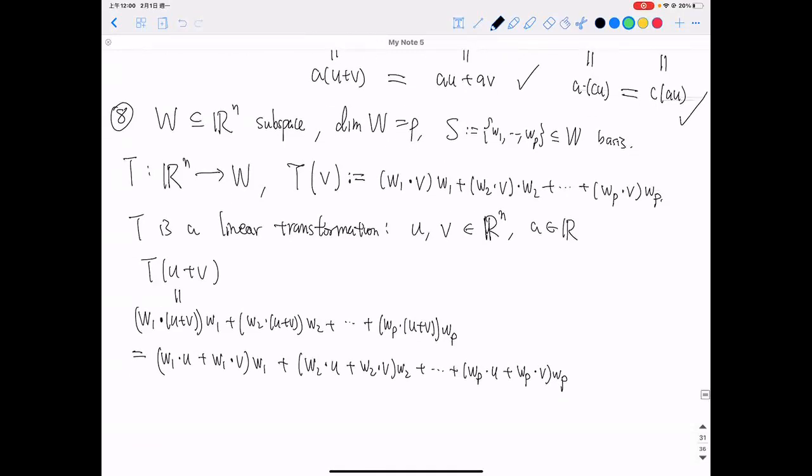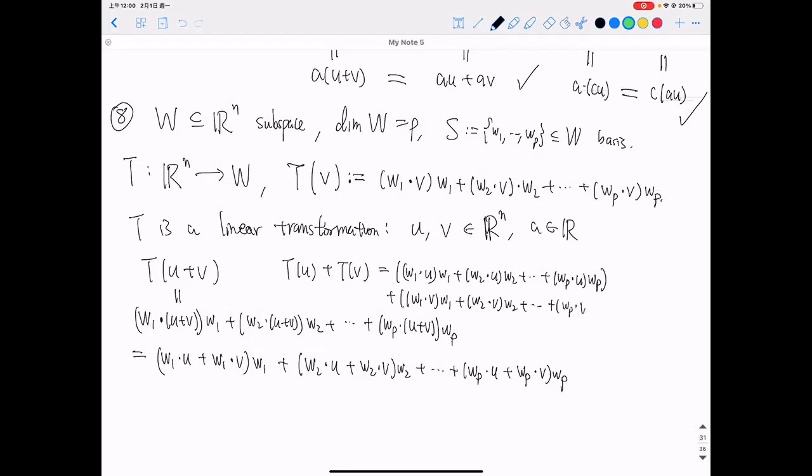Now we can compute T of U plus T of V. T of U is (W1 dot U) W1, (W2 dot U) W2, up to (WP dot U) WP, and plus T of V, which is (W1 dot V) W1, (W2 dot V) W2, up to (WP dot V) WP.